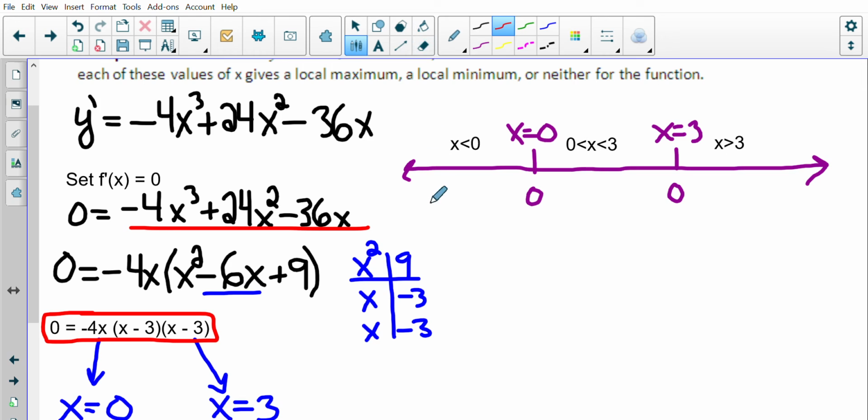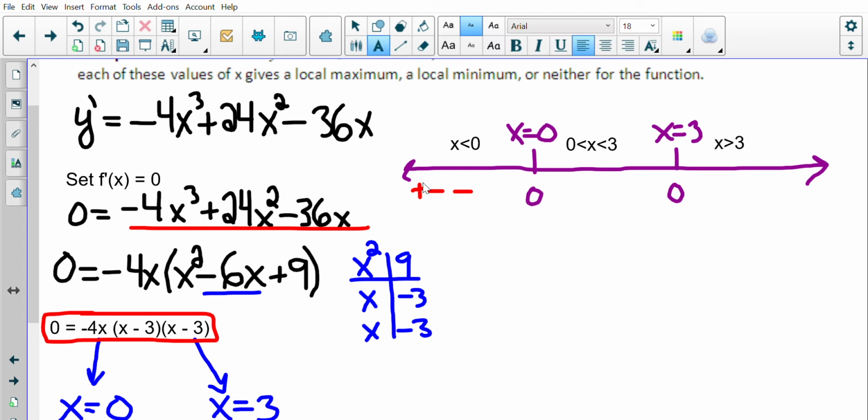All right, so let's see here. I put in a number less than 0, so I'm going to go with negative 1. In my first part, negative 4x, I put a negative 1 in there. It's going to be positive. Then I put a negative 1 in x minus 3. It's going to be negative 4, so it's going to be negative. Same in the other spot. If I have a positive times a negative, it's going to be a negative answer, but then times the negative, it's going to be positive.